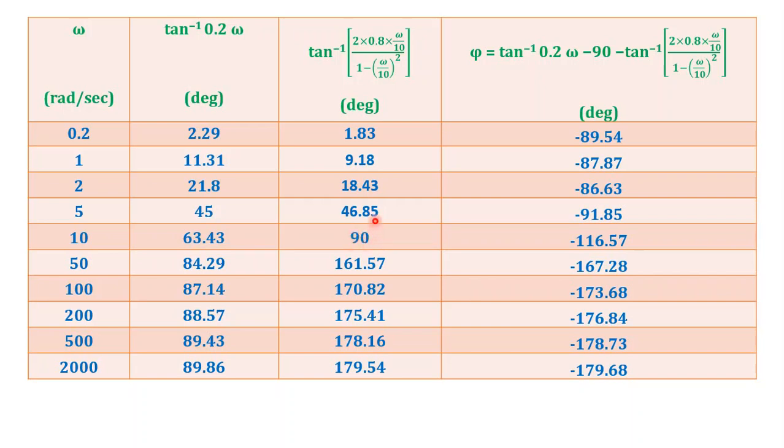That I have said there will be a sudden jump just before the corner frequency. What is the angle just after the corner frequency? If you see, there will be a sudden jump. Before that, after that, that jump will not be that predominant. So this is highly pronounced near the corner frequency. So this we have to take care.